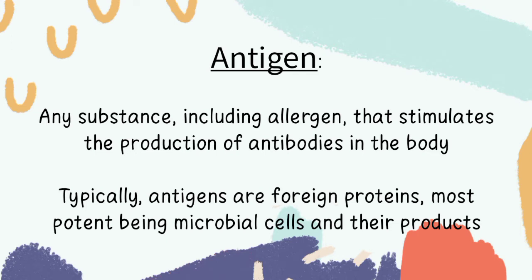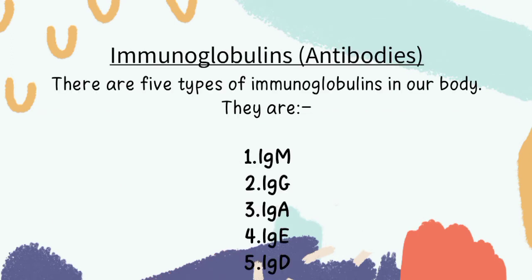For example, you have your blood cells, your A antigen, your B antigen. Those antigens are important for the body, so you can call them positive antigens. They don't have any negative effects on the body as far as they are found in the right bloodstream. So let's continue. Typically, antigens are foreign proteins, most potent being microbial cells and their products.